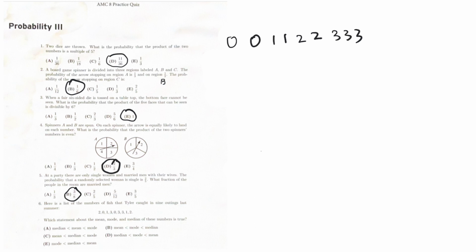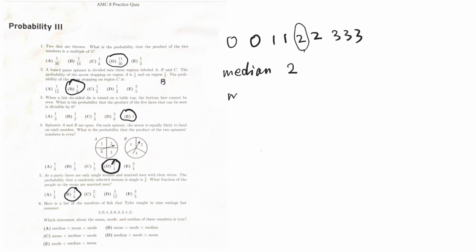So the total is 9 numbers. First we find the median. With 9 numbers, the median is the middle number. That will be the 5th number, so the median is 2.